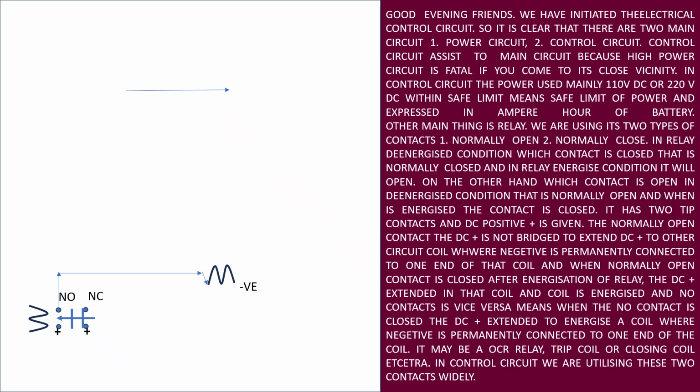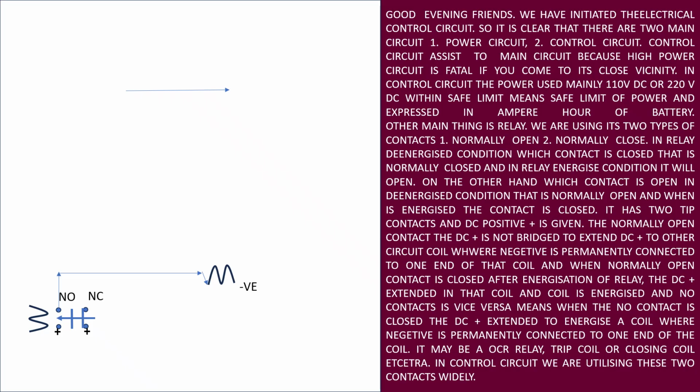the contact is closed. It has two tip contacts and DC positive is given to the normally open contact. The DC positive is not bridged to extend DC positive to the other circuit coil, whereas negative is permanently connected to one end of that coil.